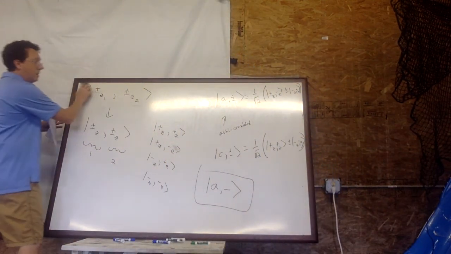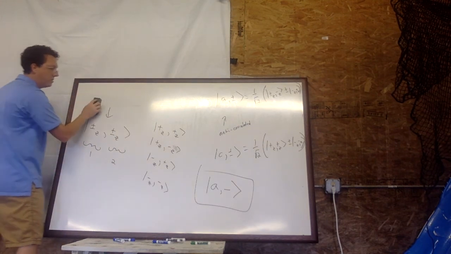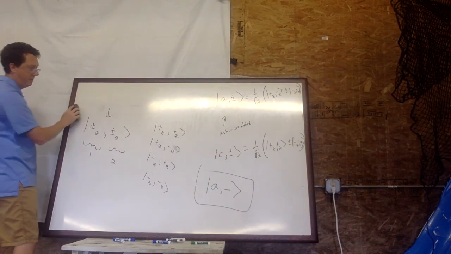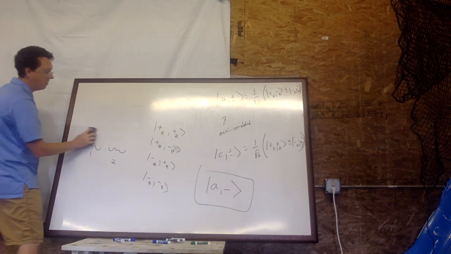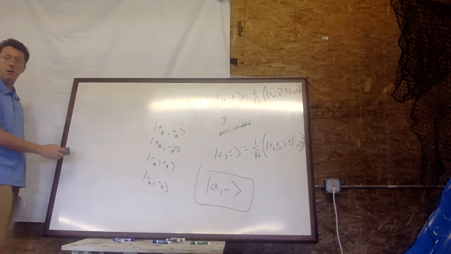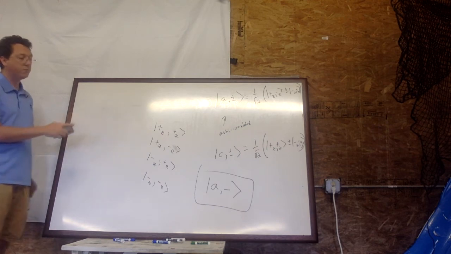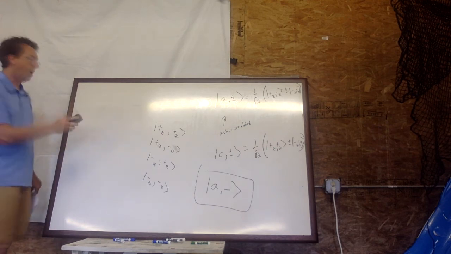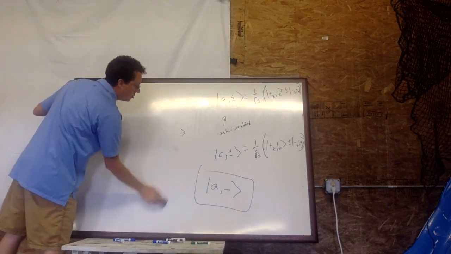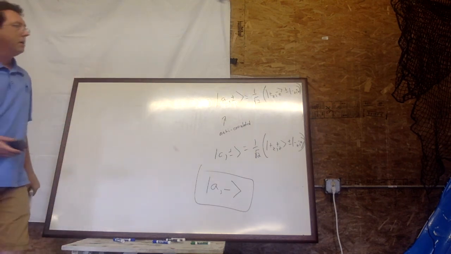Okay. Emily, do you have any questions on that? Don't think so. The only thing is just having trouble seeing where that comes from. Where it comes from, really? Yeah. So here's the thing.